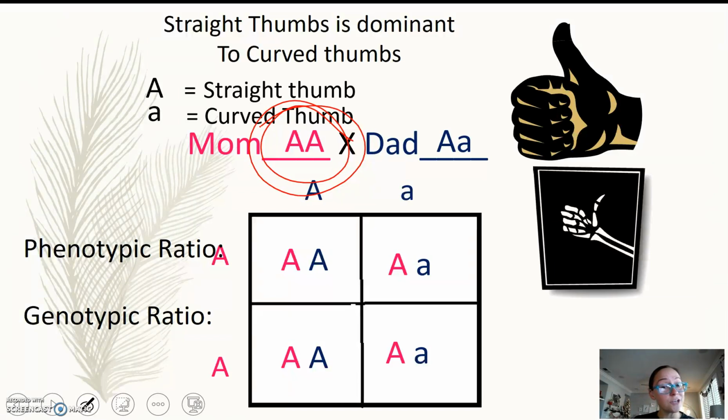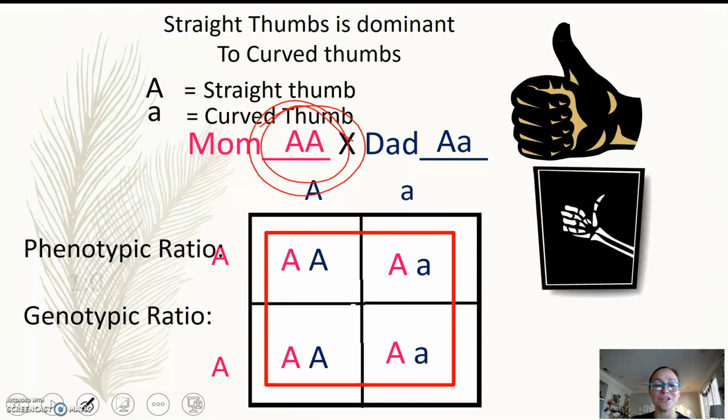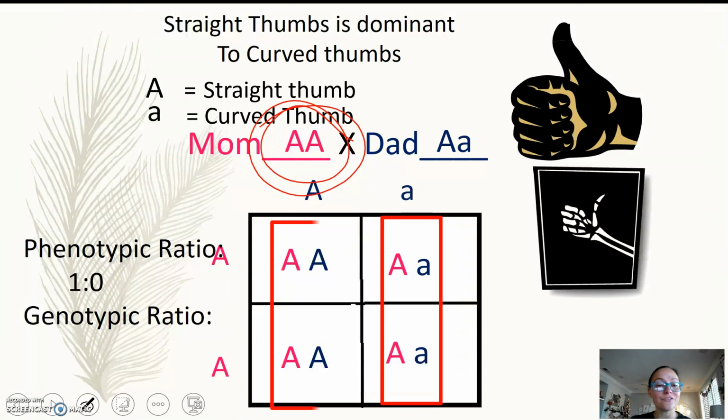However, the genotypes are 50-50. Half the kids will have homozygous dominant, and half the kids will inherit heterozygous. So when we do the ratios, for the genotypic ratio, it's a 1-to-1. And for phenotype, it's not really a ratio because 100% will have that phenotype.